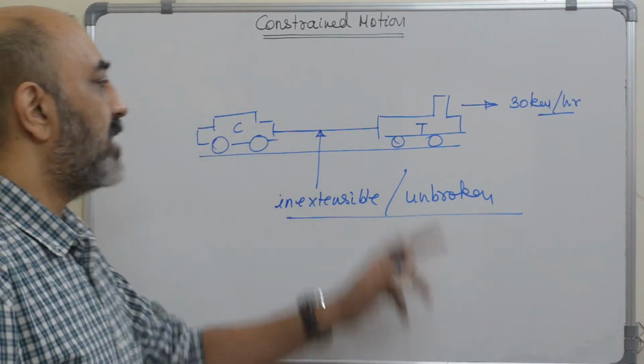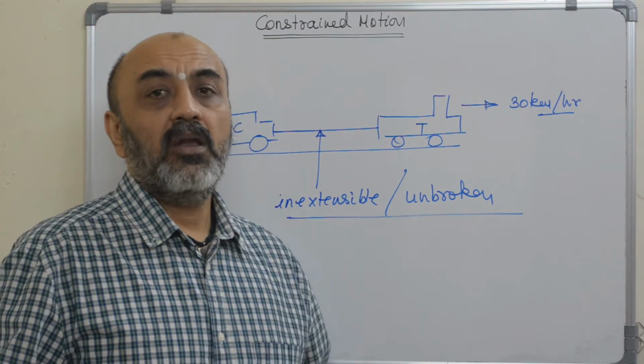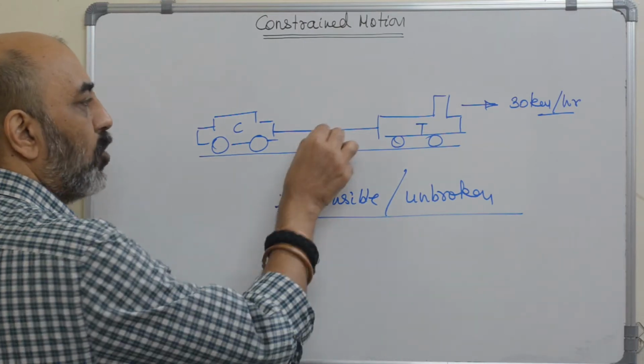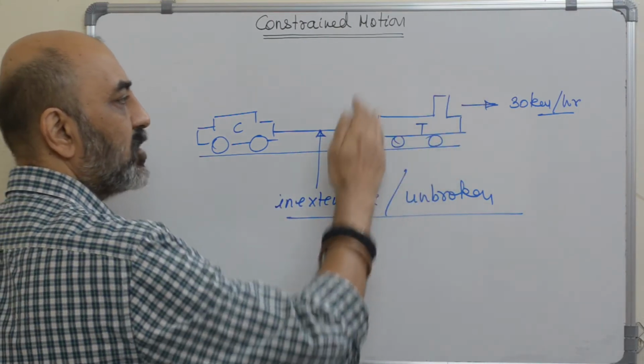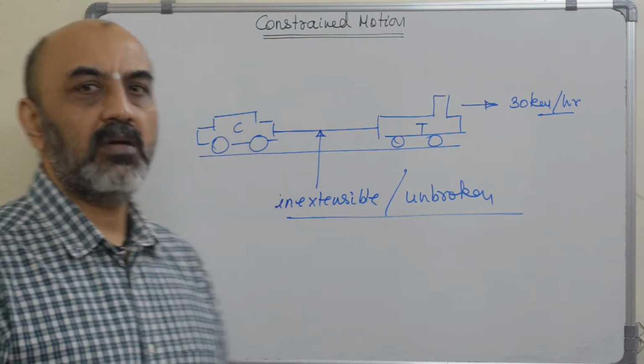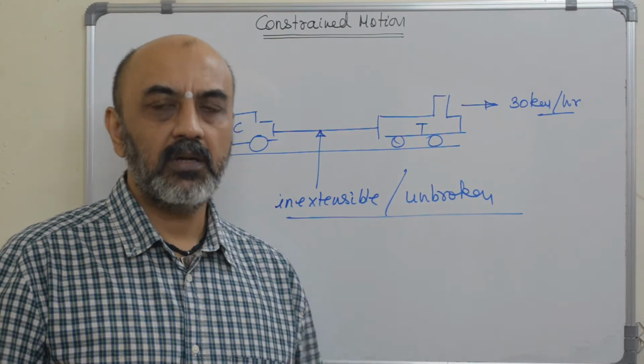It is inextensible and it is unbroken. Now if it is extensible, then what is going to happen is the rope is going to extend. The velocity of the truck is 30 kilometers per hour. The velocity of the car need not be 30 kilometers per hour. So you're very clear about that.